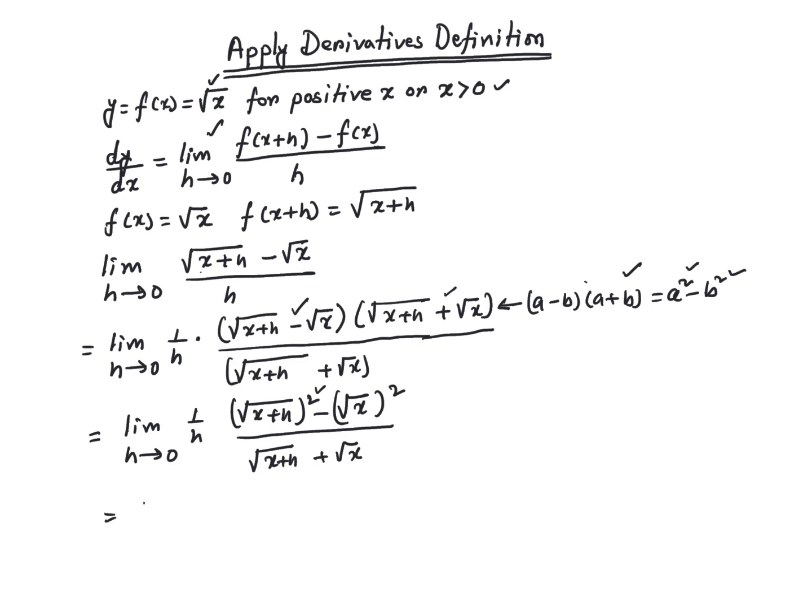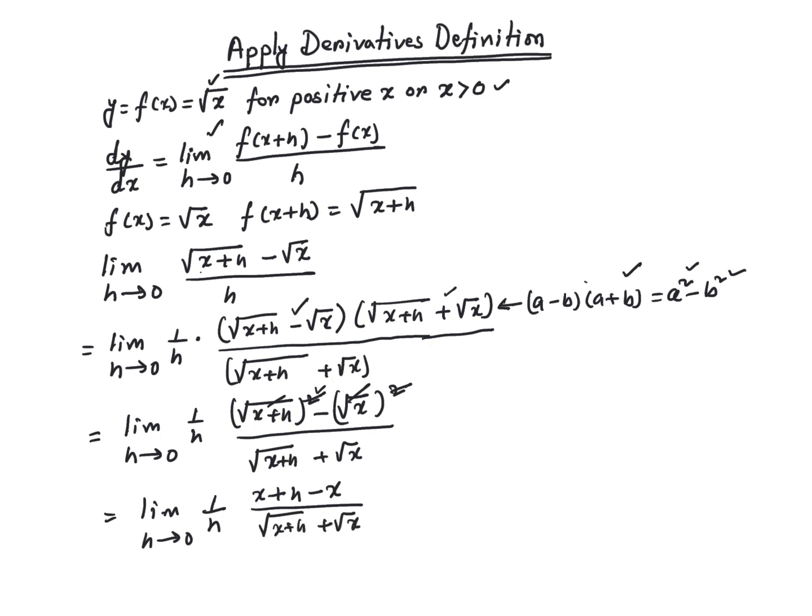Let me further simplify this. Limit h approaches 0, 1 over h. Now in the numerator the square and square root are going to cancel, and under the square root we have positive values, so we are good there. So it's going to be x plus h, and then the square and square root cancel. I'm going to be left with negative x there, divided by square root of x plus h plus square root of x.